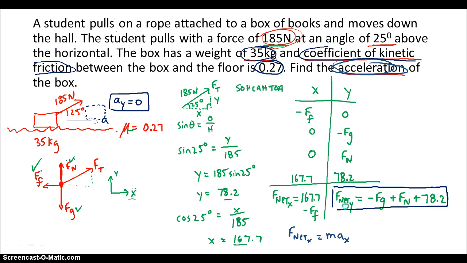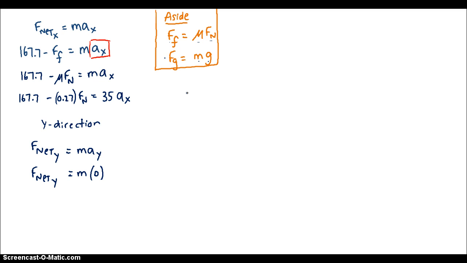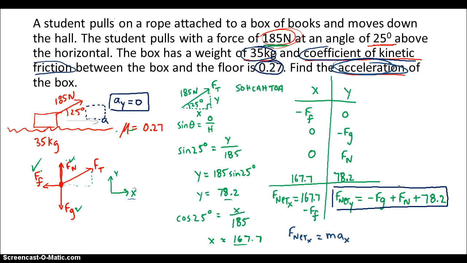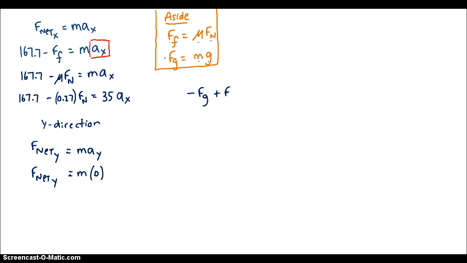I'll write them out again. Negative Fg plus Fn plus 78.2. That's our F net y is equal to m times 0, which is just 0.